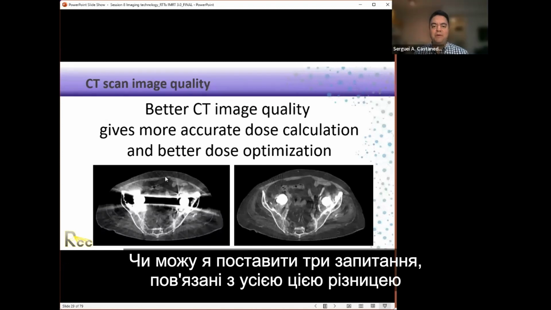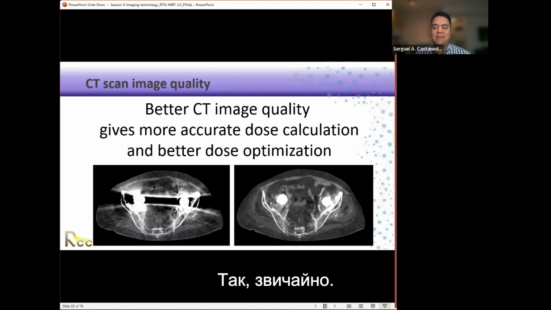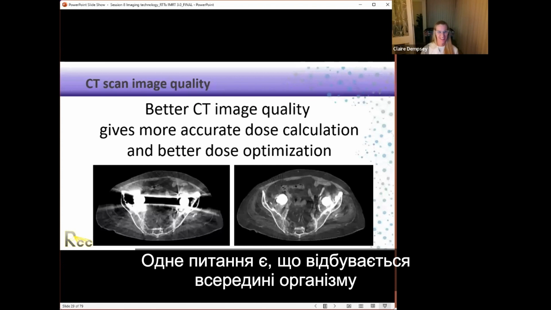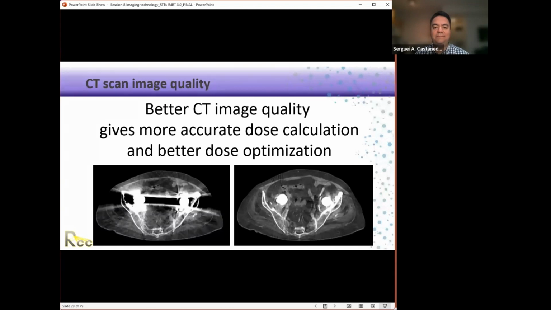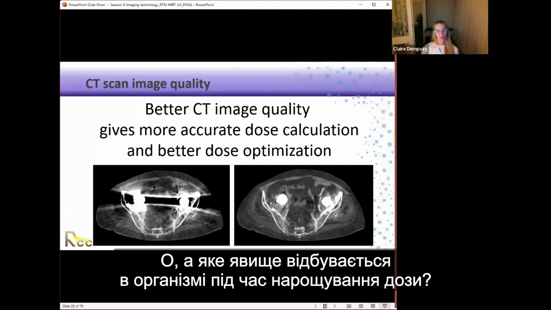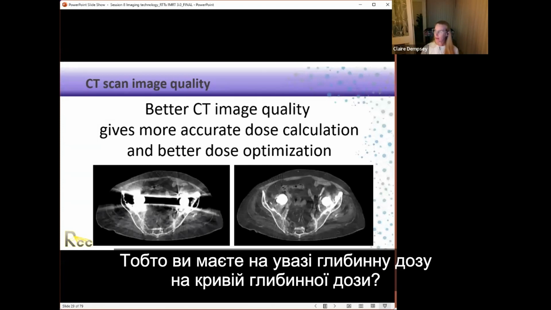Can I pose three questions related to all these differences in densities? Yeah, of course. One question is, what phenomenon occurs inside the body in this dose buildup? What phenomenon occurs inside the body during dose buildup? Do you mean like in the depth dose curve?